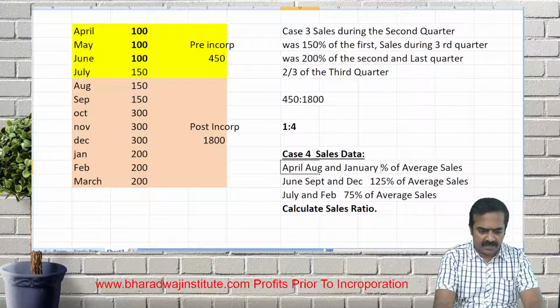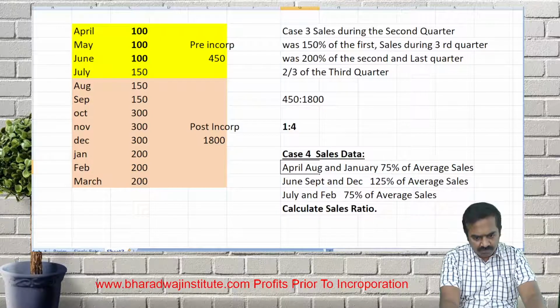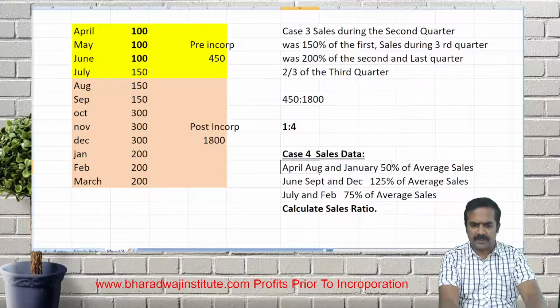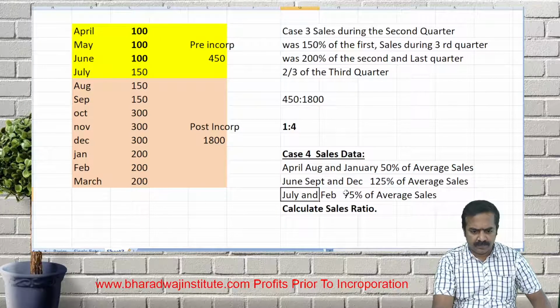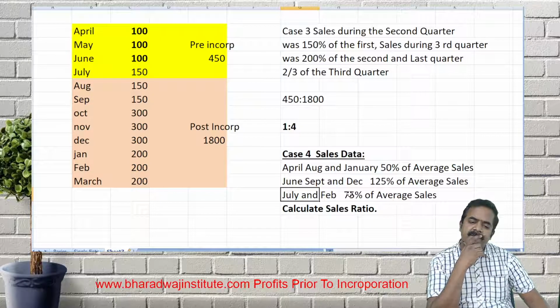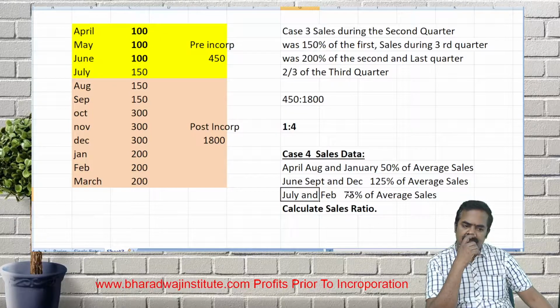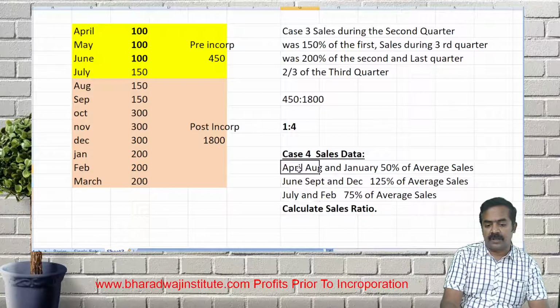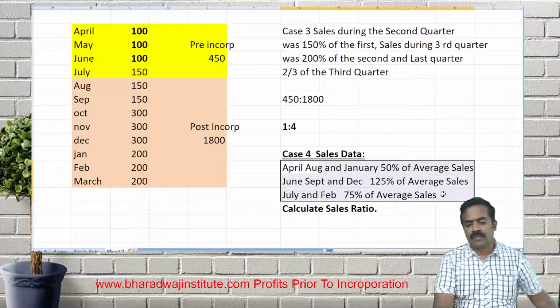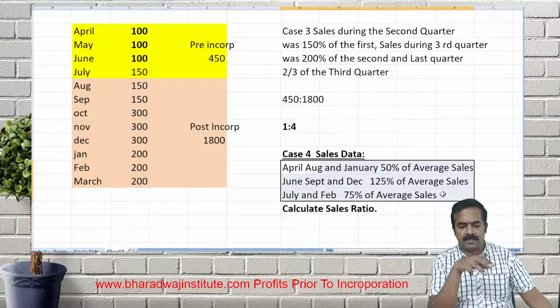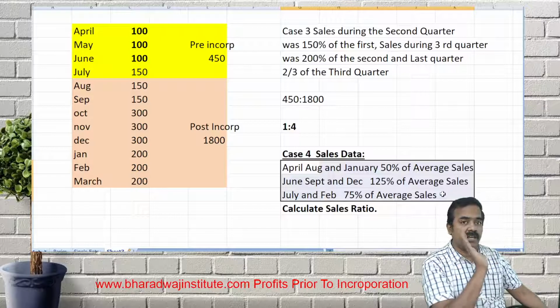First one, let me change, take 75%. What is it? Everyone gets confused. 50%. Data is available only for how many months? April, August, January, 3 plus 3 plus 6, so 8 months of data. Remaining 4 months data is not available.